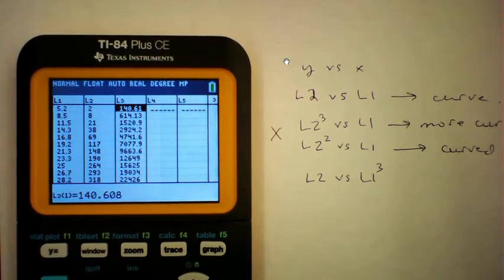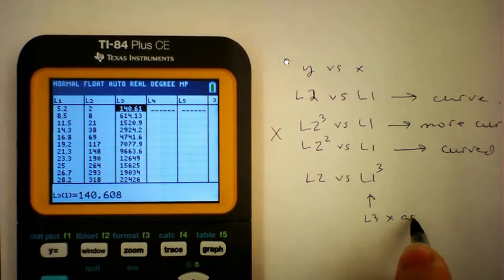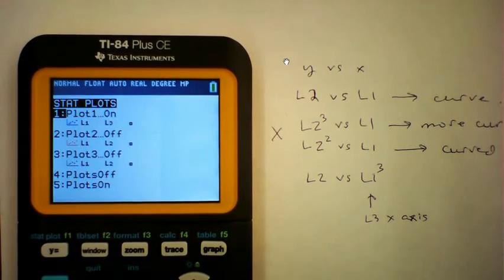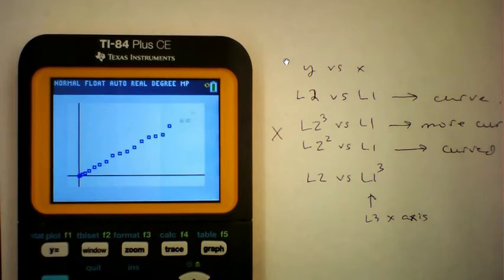So now this, which is an L3, is going to be my x-axis. So when I go into stat plot, I need to say it's now L3 and L2. I'm going to have to zoom 9 again. Okay, that's looking pretty straight.